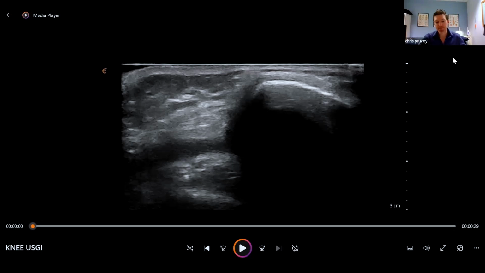Basically, a consultation with myself, which will always include history taken, physical examination, and a diagnostic scan of the area concerned, is £125. If I do an ultrasound guided injection on top of that, it's another £125. So a full consultation, diagnostic scan, and ultrasound guided injection is £250.